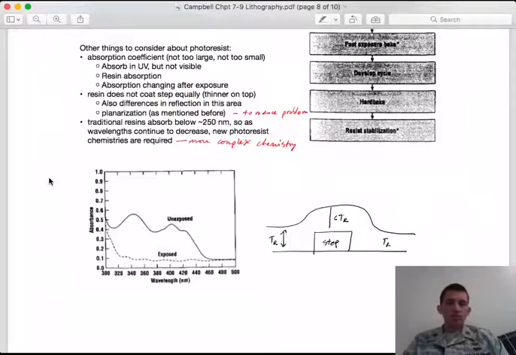Also, surface topography of your device is important. When you spin coat, you don't get a uniform coating unless the surface is flat.